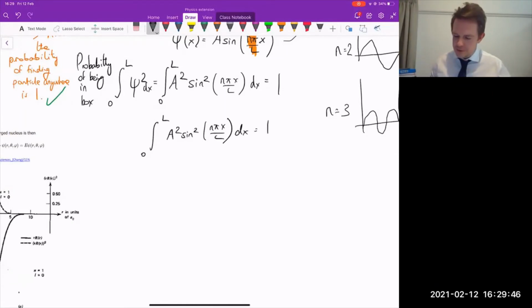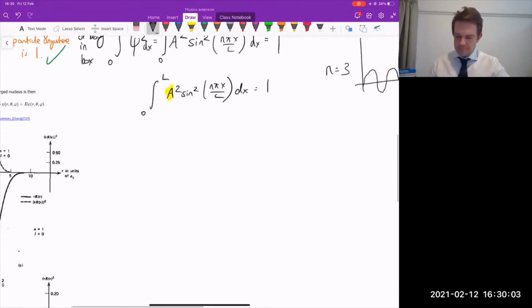We want this to be true and we want to find A. Now, if this were a normal lesson and it weren't Friday afternoon, and this weren't an extra session, I would maybe get you to try this, and you're more than welcome to try it without looking. But basically, in order to integrate sine squared, you want to get rid of the sine squared and write it in another form. The way you do that is by using something you have come across, which is a double angle formula, which is this.